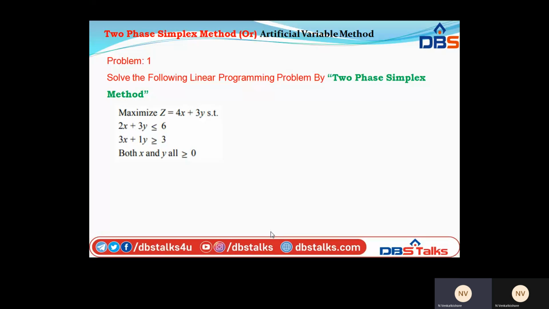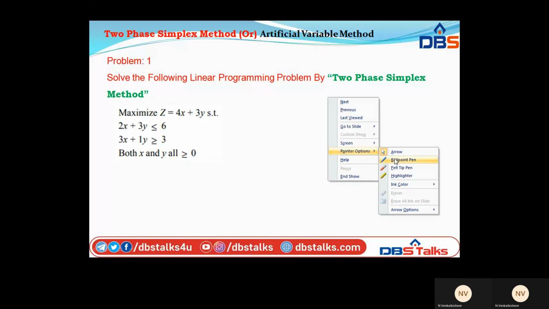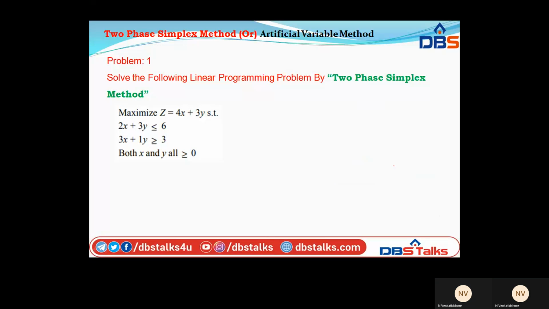It is easy to find whether the problem is to be solved by two-phase or simplex without knowing the method of application. If all the constraints have only less than or equal to, then we may use the simplex method.